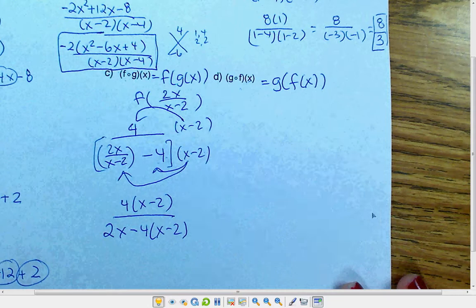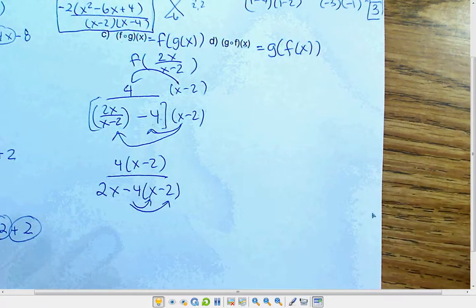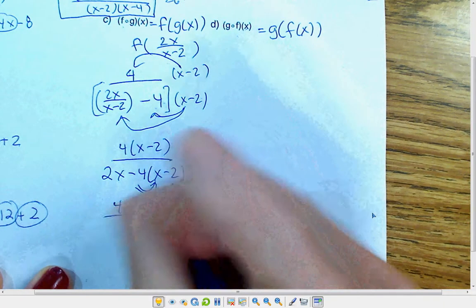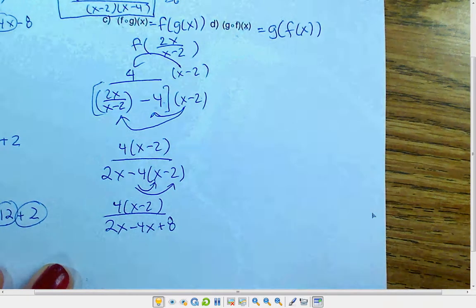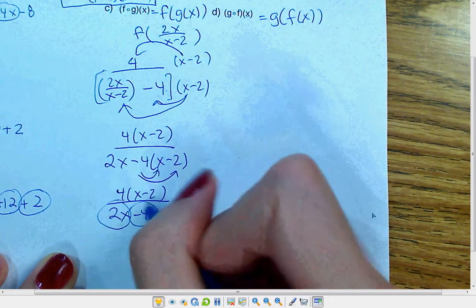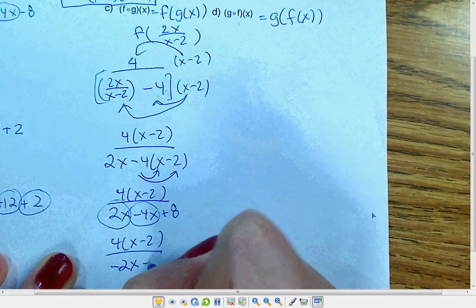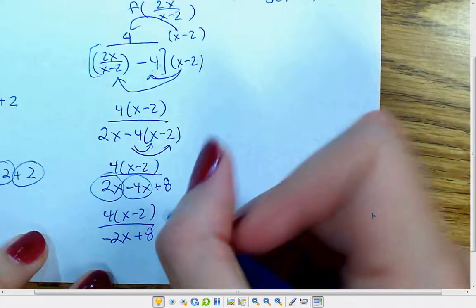So now we're just going to simplify. So I'm going to distribute. So I have 4 times x minus 2 over 2x minus 4x plus 8. Combine like terms. So I have a negative 2x plus 8. And I'm going to try to simplify as much as possible by factoring.